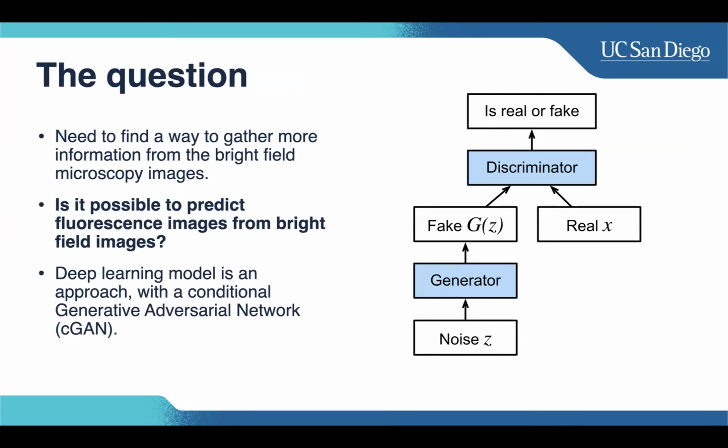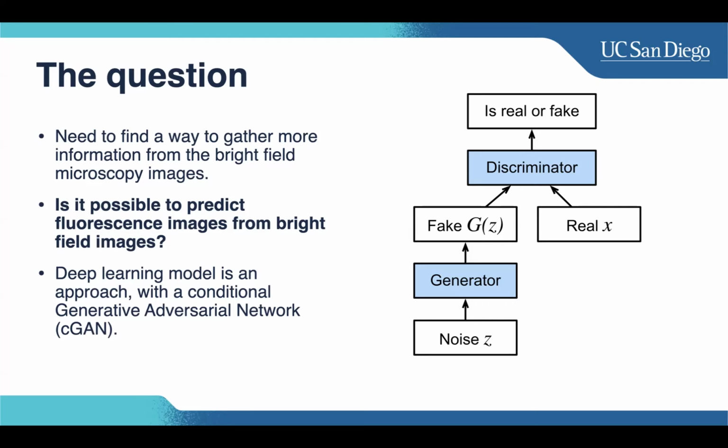So how do we get more information from the bright field images? And is it possible to predict the fluorescence image from bright field images? In this project, I will try to use a conditional generative adversarial network to see if it can generate fluorescence images from bright field images.